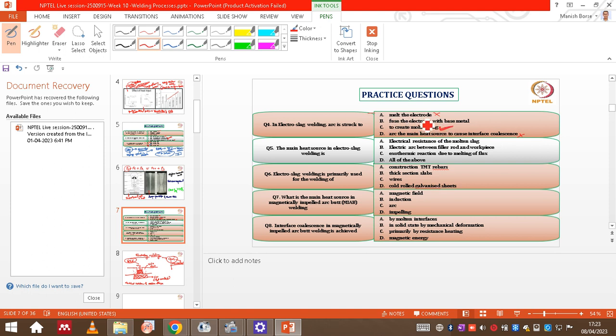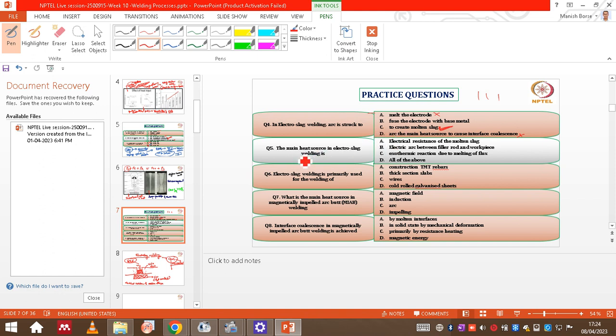Though the output is melting of the electrode, our main purpose is to create the molten slag. Sometimes in the process multiple filler rods can also be used if the volume of flux to be melted is higher, so maybe option C is the correct one for this question.